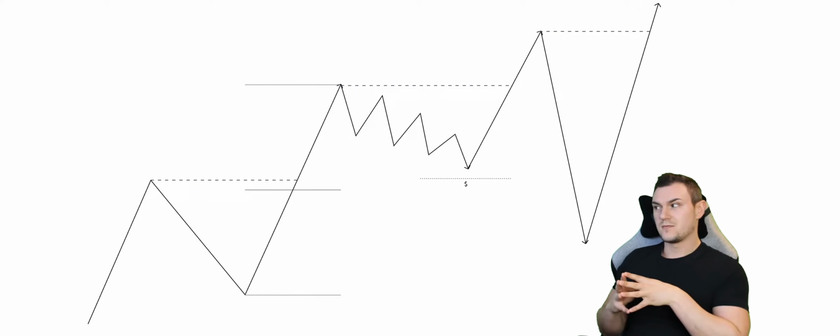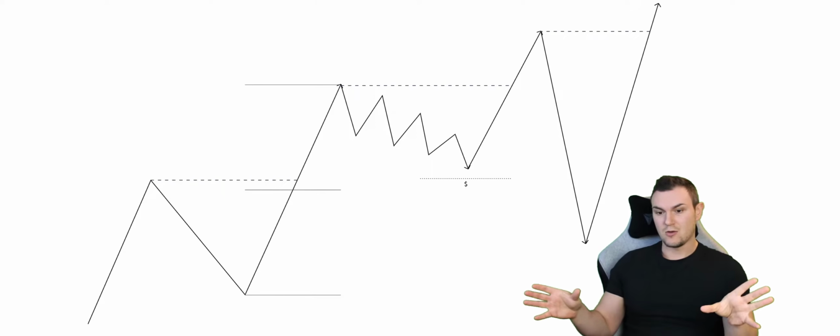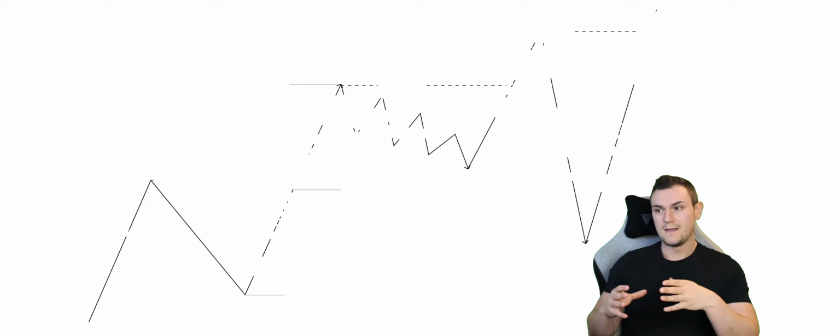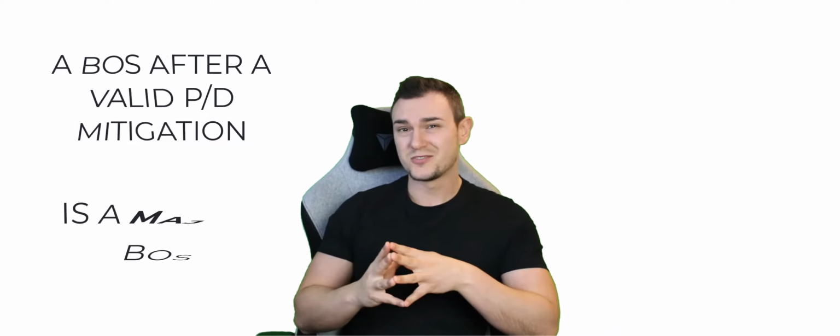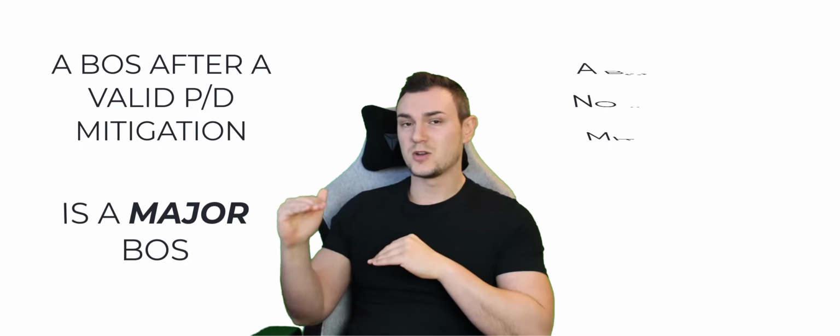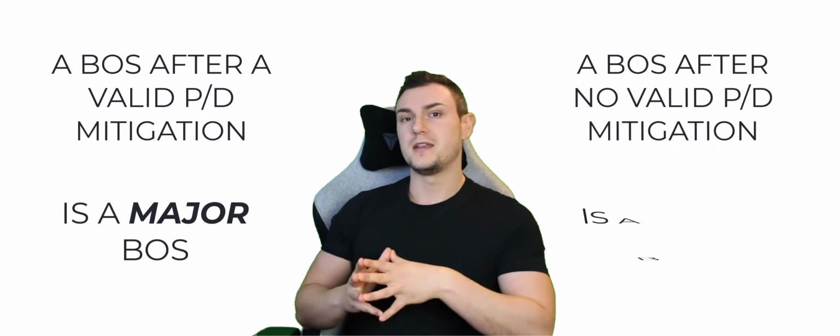Now, that is the basic theory behind market structure. A structural break that comes after a mitigation to the premium or discount, I call a major breaker structure. And if it doesn't mitigate the premium or discount, I call it a minor breaker structure.